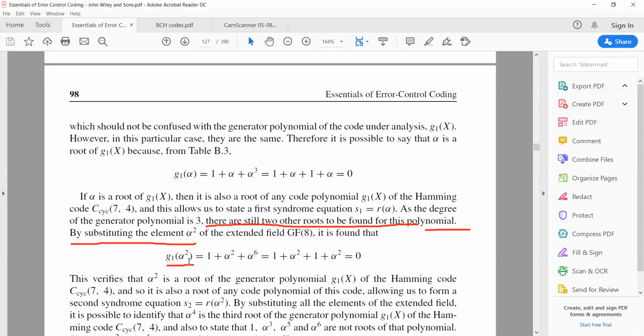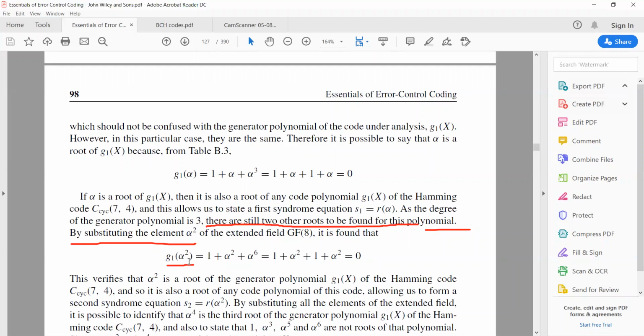So when we receive some code polynomial and derive the roots of the received code polynomial, there should be a root present which is the same as alpha square. Then only we can say that the received code is an error-free code.